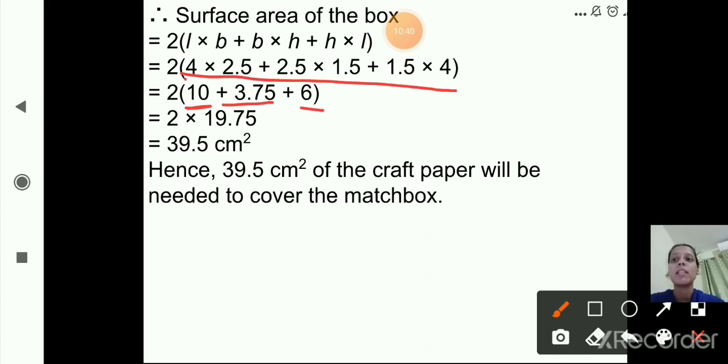So 2 multiplied by 19.75, answer is 39.50 centimeter square. So hence 39.5 centimeter square of the craft paper will be needed to cover the matchbox. Final statement you will write down without fail. I hope you are clear with this sum.